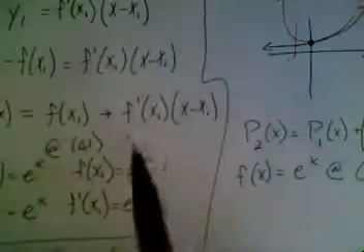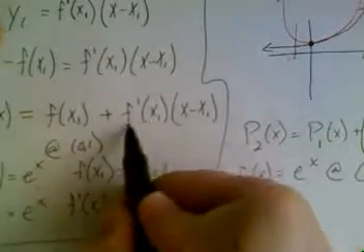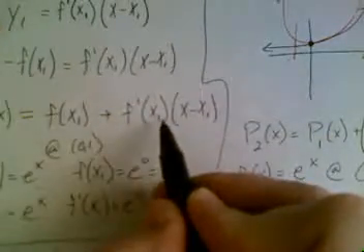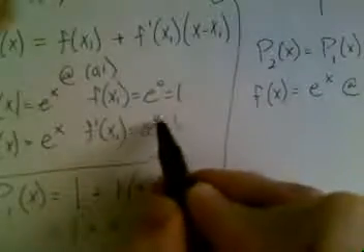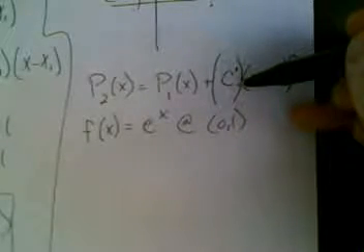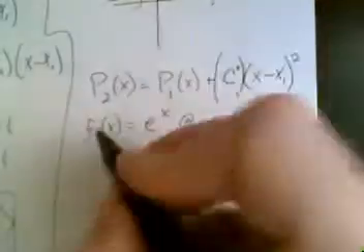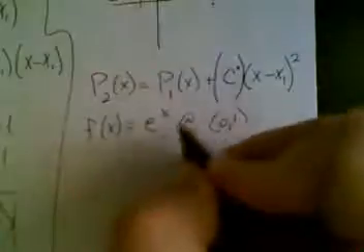If you look back over here, the number in front of the linear polynomial was a number. Yes, it's the derivative of the original function, but I plug in 0 and I get 1. I get a number. I want this value to be similar to the value of this function.